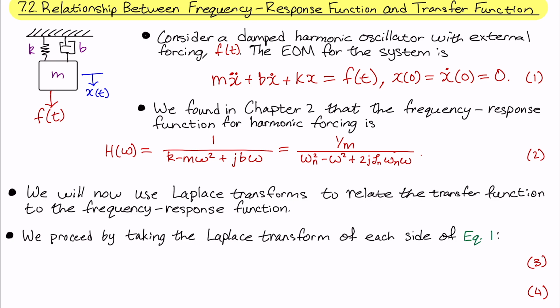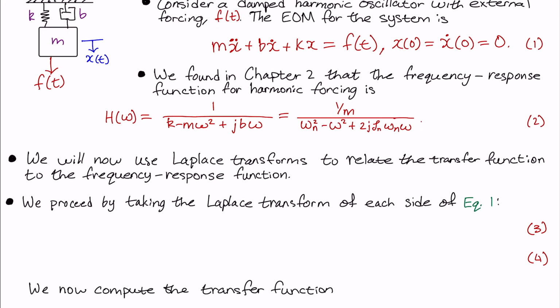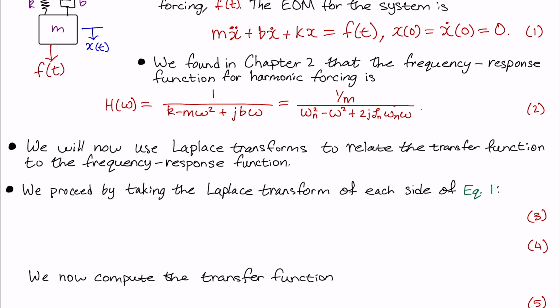All right, so we're now going to use Laplace transforms to relate our transfer function to the frequency response function that we have up here. We're going to proceed by taking a Laplace transform of equation 1, both sides.